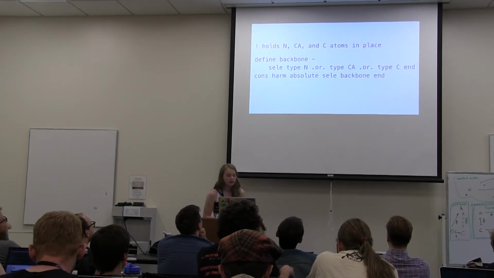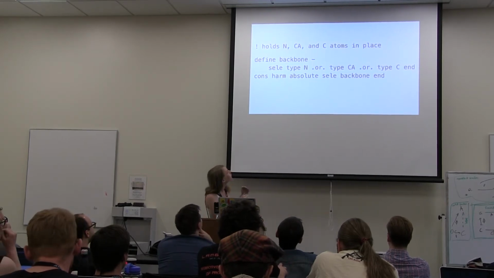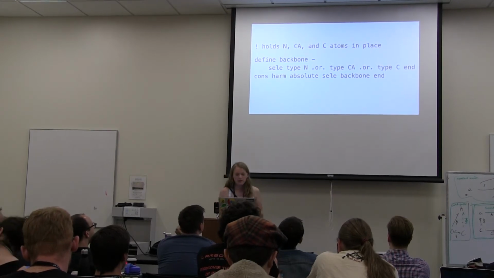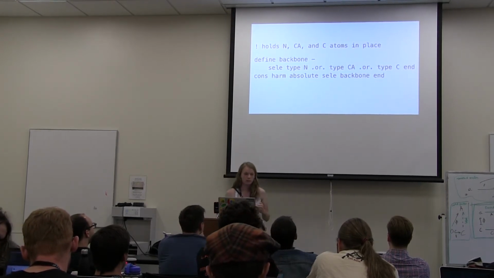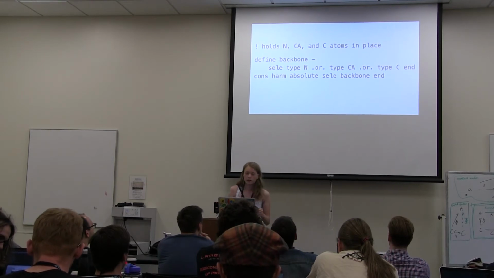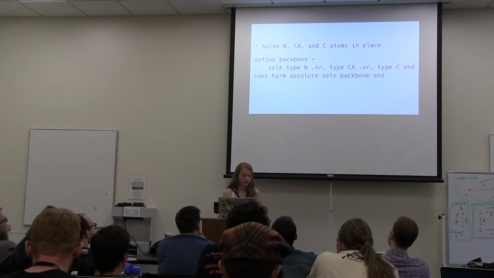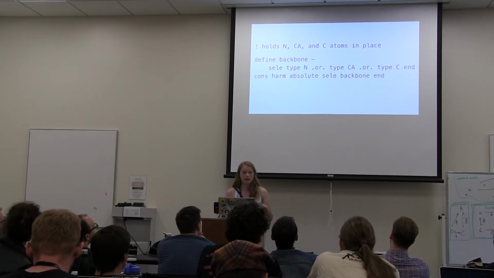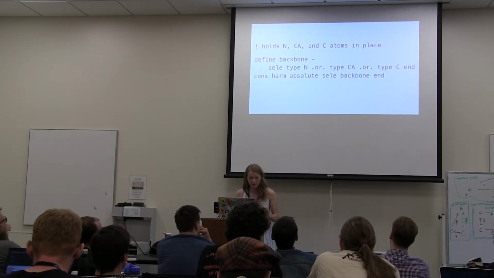This is what an actual practical example of this looks like, I suppose. This is code that selects within one particular molecule the nitrogen atoms, the whatever Ca is, I'm drawing a blank right now, and carbon, and tries to apply a force to hold them in one place. How do you apply a force to hold something in one place?